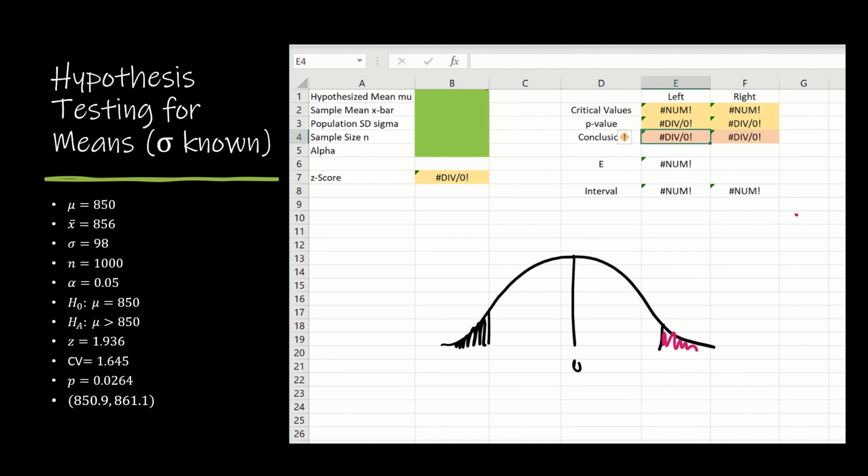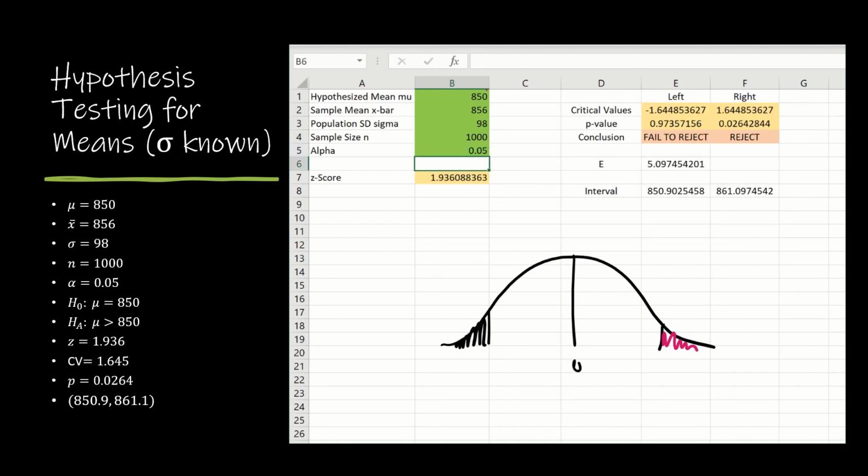Let's go ahead now and enter in all of the values and make sure that they match up with what we just found by hand. So 850 is the hypothesized mean, 856 was our sample mean, 98 was sigma, sample size was 1000, alpha 0.05.